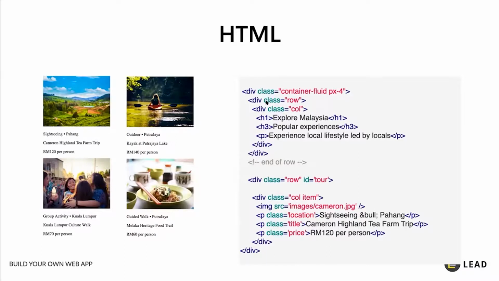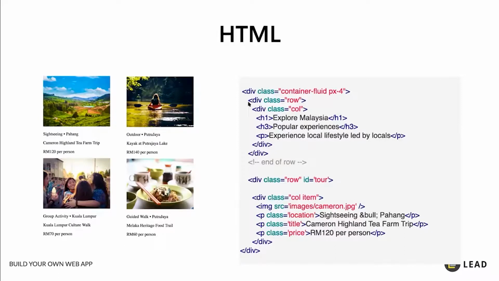For Hypertext Markup Language, the only thing you need to be aware of is, can you see the arrow over here and the arrow over here? The syntax and the alphabets in dark blue color, I want you to focus on the dark blue color. That is what we call an HTML tag.